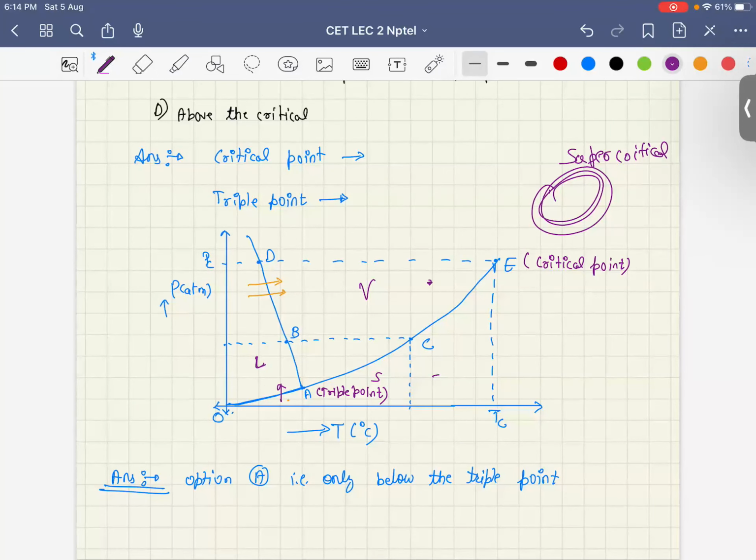Let me just confirm it. Oh, I think this is not a PV diagram. This is a TV diagram.